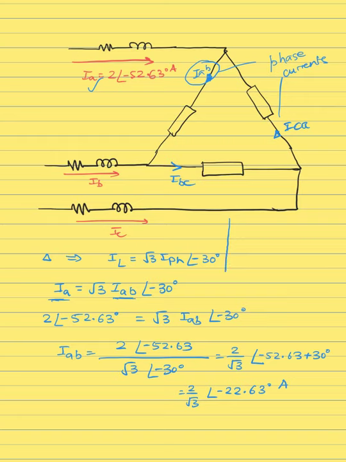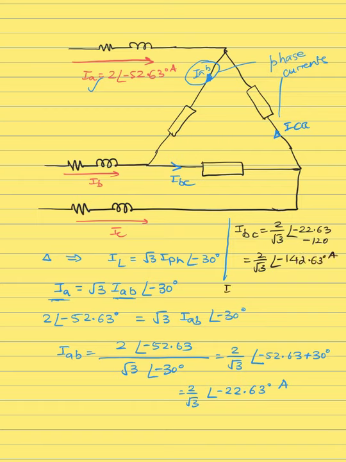So if we are using that, IBC is for phase B, that's going to be at negative 120. So it's going to be 52.63 over root 3 at an angle of negative 22.63 and negative 120, which gives you negative 142.63.